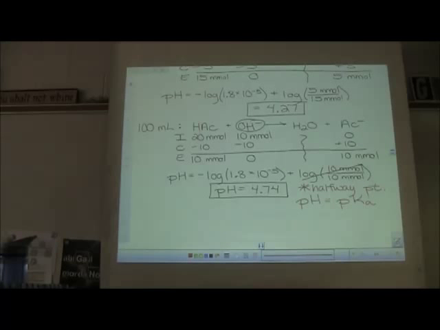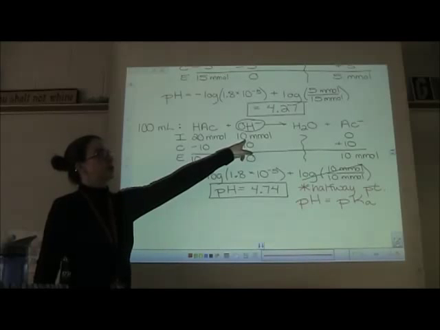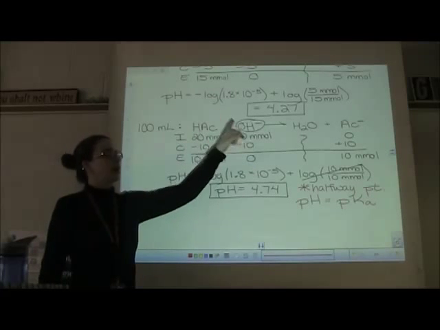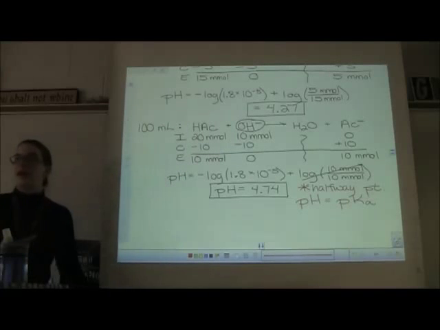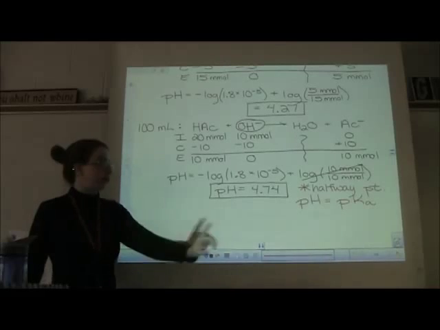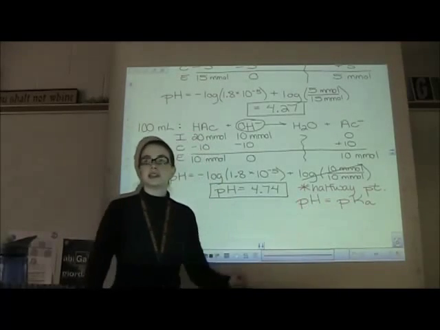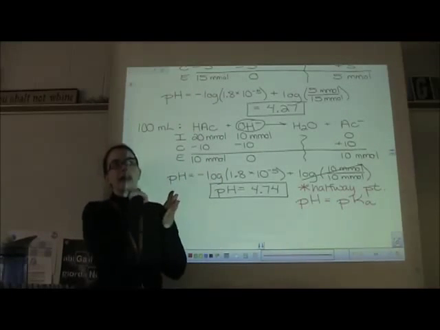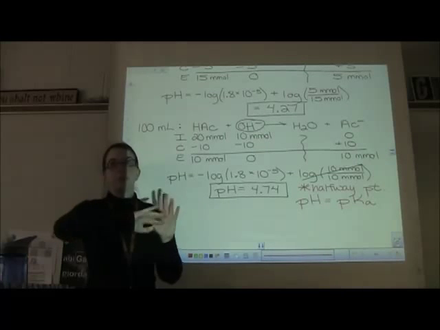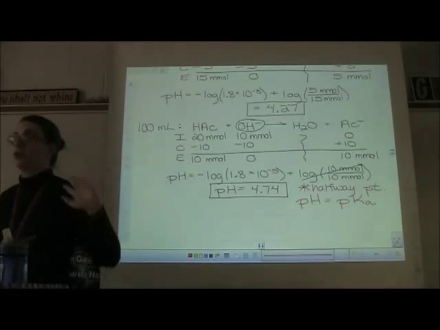Over and done. Don't even need an ice table. If you are presented information and you can immediately see 20, 10, this is going to be at the halfway point. You don't need to continue. You can literally write, as long as you do write something like at the halfway point pH equals pKa, and then give the answer, that's great. You don't need to write it all out.